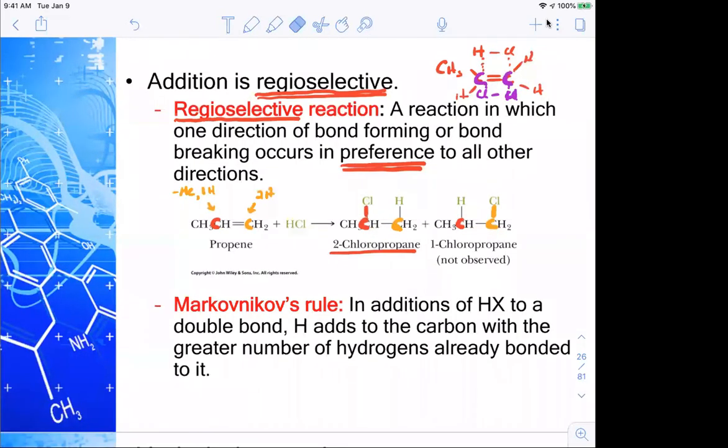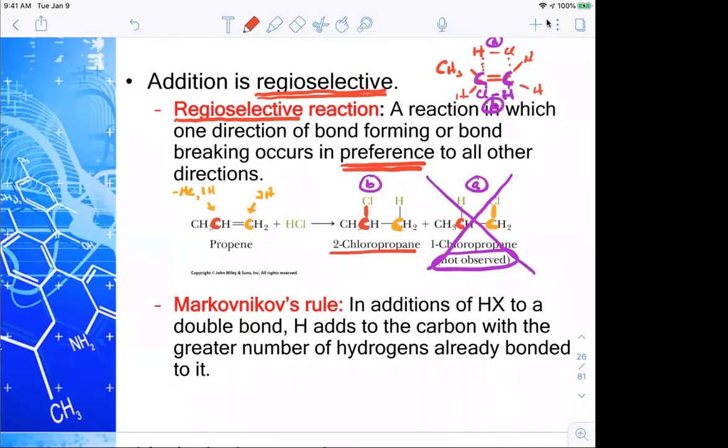Let me make that more specific so you can see it in your notes. If I call this A and I call this B, the product from A is indicated here, and the product from B is indicated there. I get these two different isomers potentially. What I see though is this one is actually not observed. And that's because of the mechanism of the reaction.